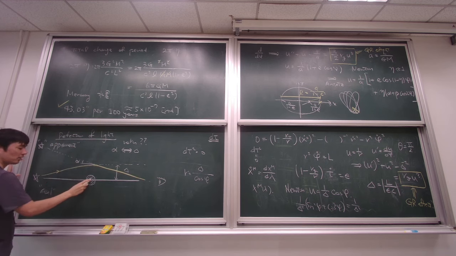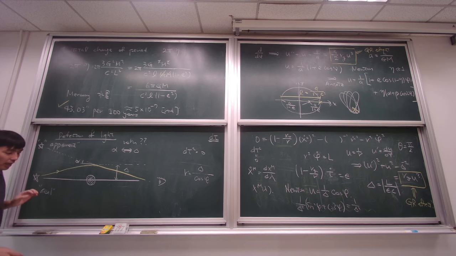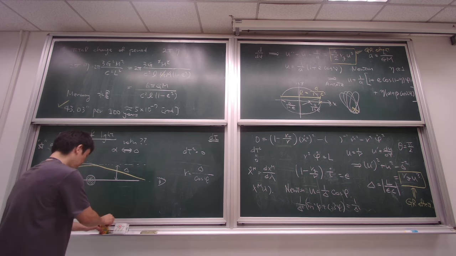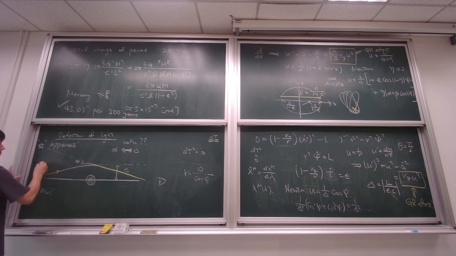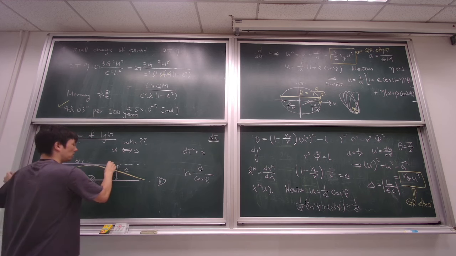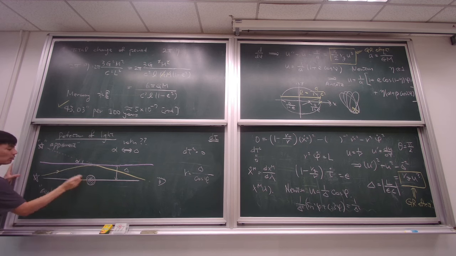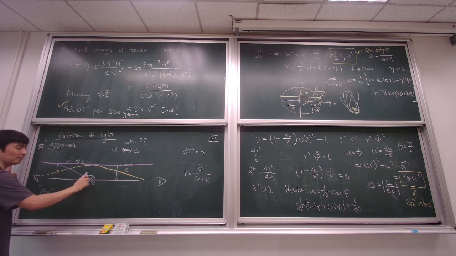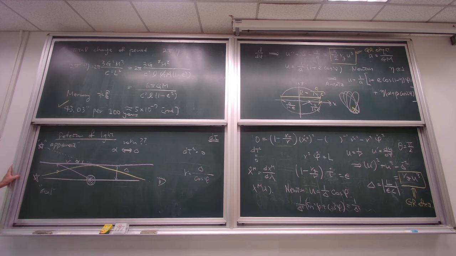R is a distance, like this way, and phi is something like this one.